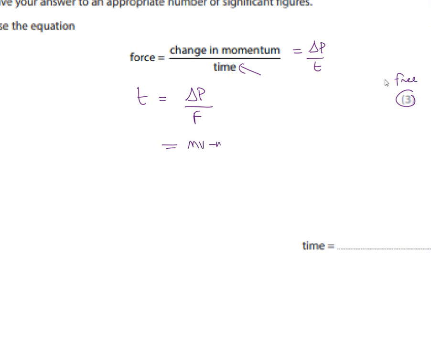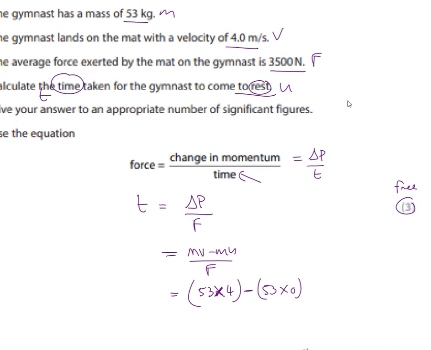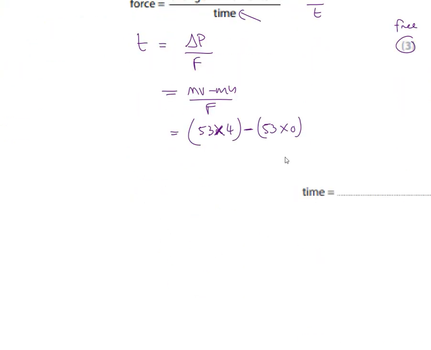So mv minus mu over f. Now m we know is what? 53. V we know is 4, so 53 times 4 minus 53 times 0. Now why do we know it's 0? It's rest. Rest is not moving. Rest is 0. So this is 0. And then the force divided by what? The force is 3,500.